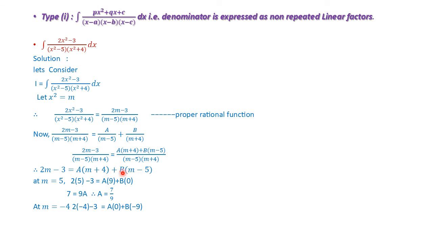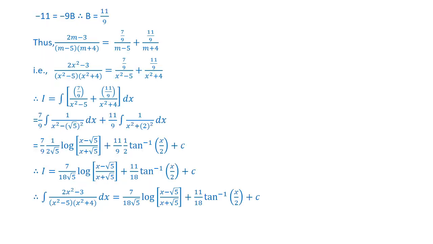Now how to find B? Again in the same way, to find B we have to make the coefficient of A zero. How can we make it zero? Very simple. Here we have m plus 4, so we put m equal to minus 4. Minus 11 is equal to minus 9B, that is B is equal to 11 by 9.